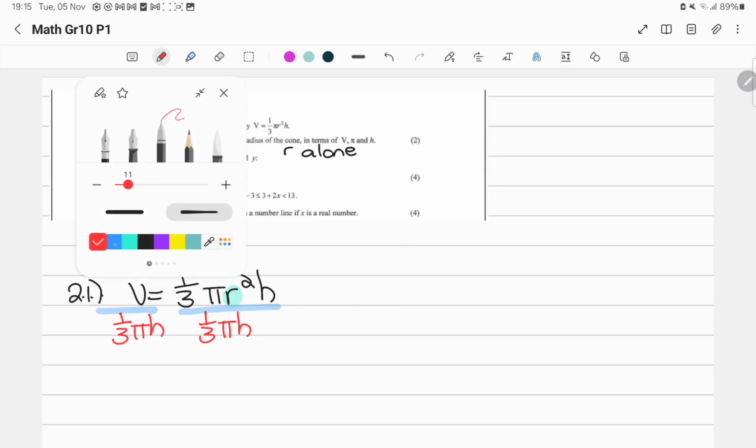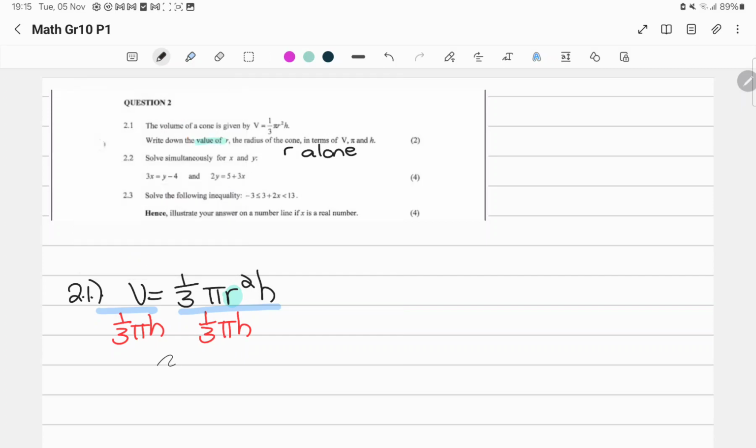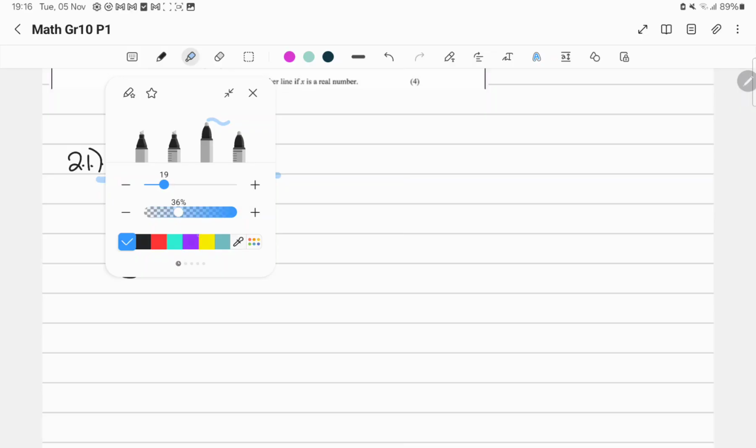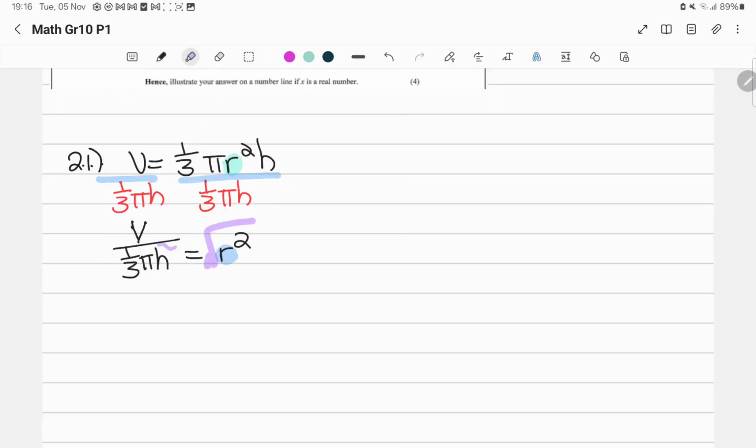Alright, so this will give me V over 1 over 3 pi h is equal to r squared. Now, obviously, I still need to get r alone. So how am I going to get rid of that squared? I'm going to have to put both sides in a square root, which tells me that r is going to be equal to the square root of V over 1 over 3 pi h.